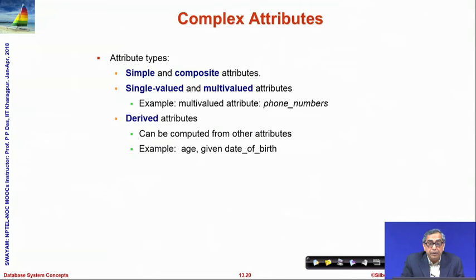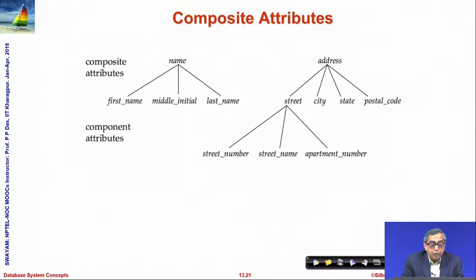One is that they could be simple or composite. A simple attribute is just a single domain value, like a salary number, an ID, or a name string, whereas a composite attribute may comprise multiple parts. Consider this a composite attribute.